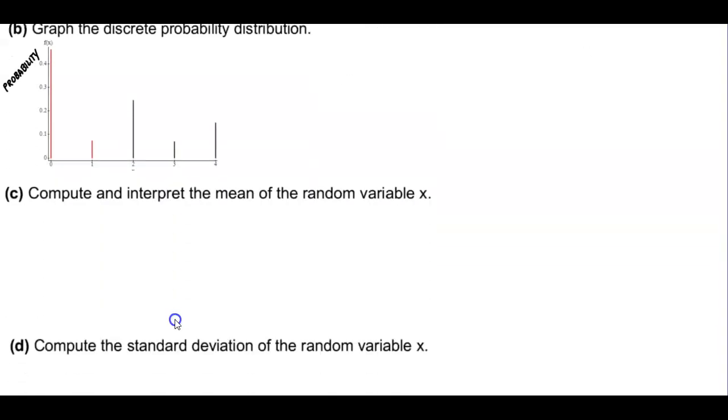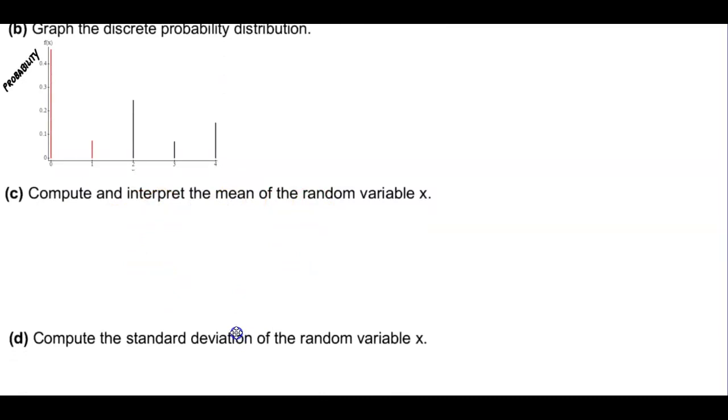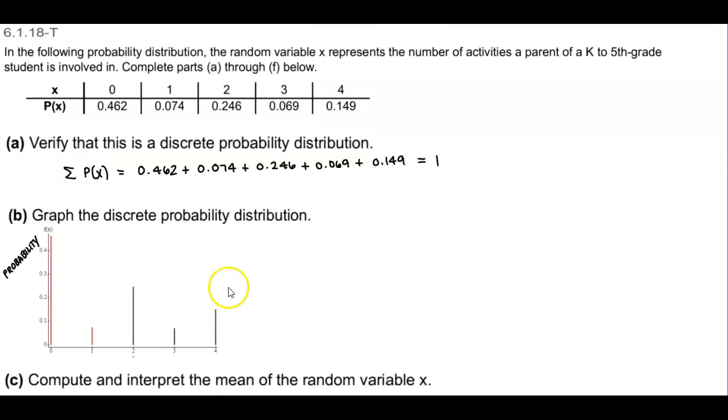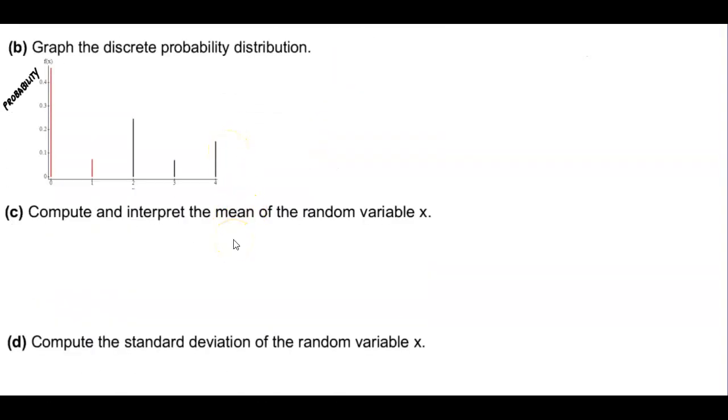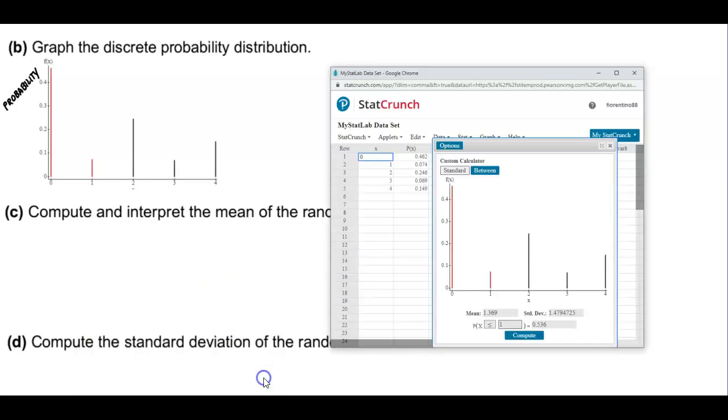Now we want to compute and interpret the mean of the random variable x, and compute the standard deviation of the random variable x. We can do this by hand, which we've done already, but there's another way using technology. If you look at the graph, it already gives you the mean, which is 1.369.